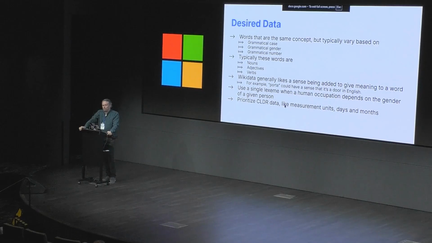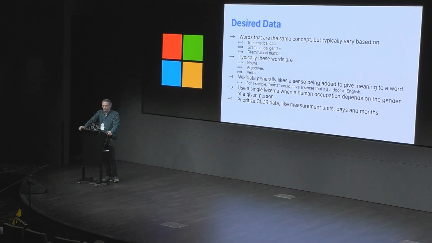The kind of data that we desire are words that express the same concept but typically vary based on grammatical case, grammatical gender, or grammatical number. Typically, these words are nouns, adjectives, and verbs. Wikidata generally likes a sense, which is additional data being added.